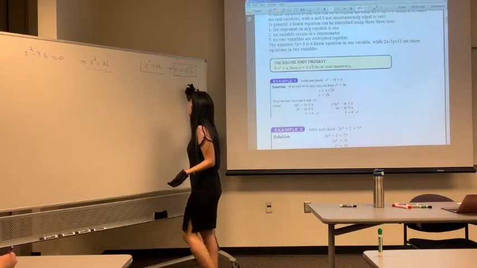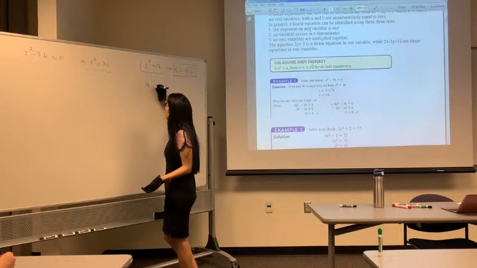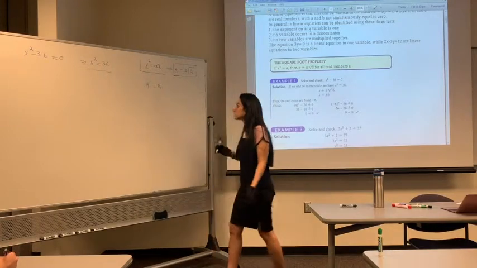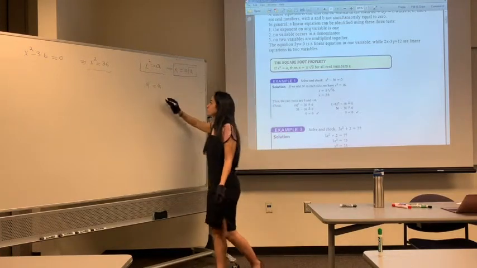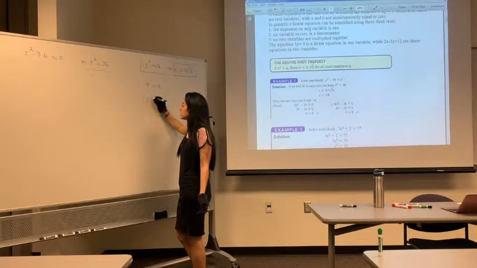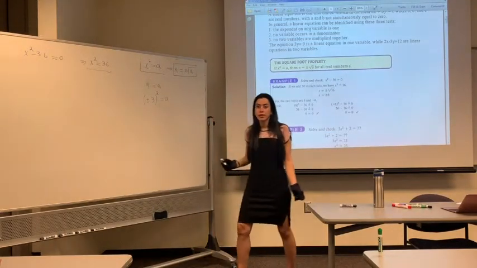So if I want to show you how this works, let's say we have 9 equal a. Correct? So this 9 could be two numbers, positive or negative 3, to the power 2. Right?